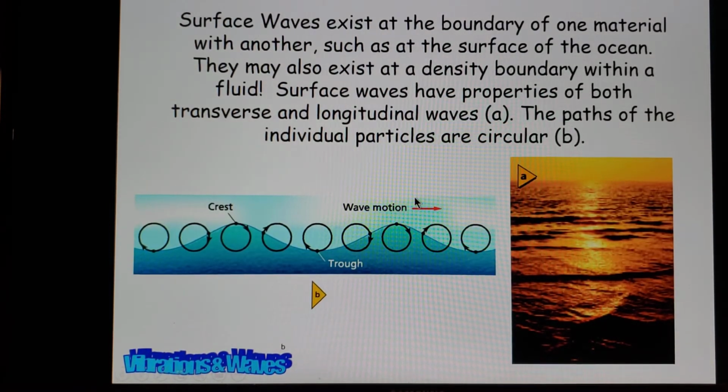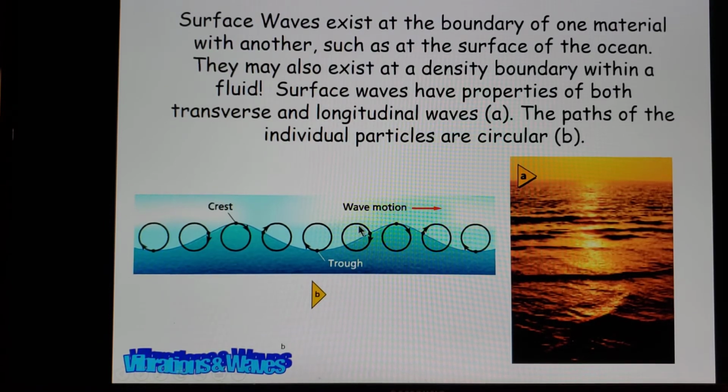Ocean waves are kind of a complicated thing. When ocean waves go across, it looks like the water is actually moving, but if you put a reference point like a cork or a bird or something like this, as the wave comes, the object goes up, hits the highest point, goes back down, and finds itself back in the trough.